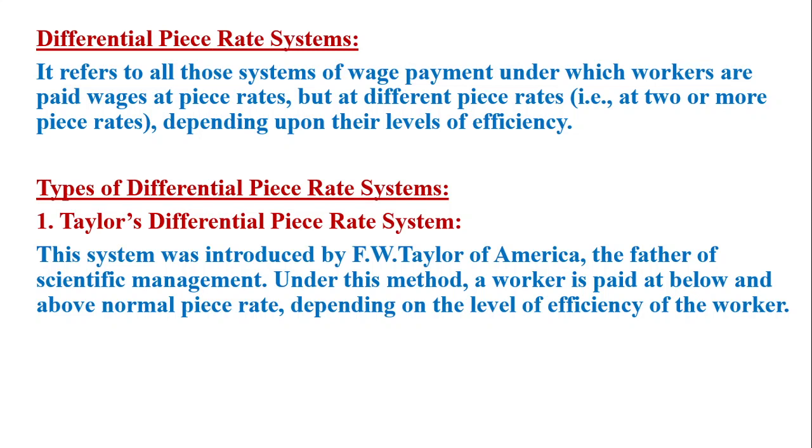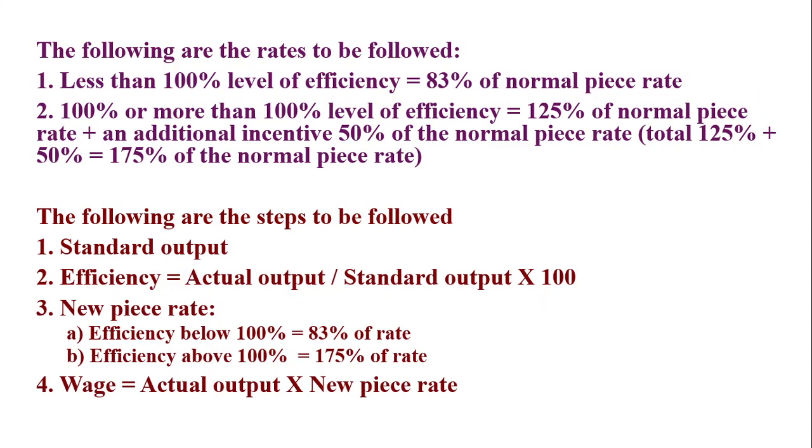How can they get below or more than the normal piece rate? It depends on the level of efficiency of a worker. Under Taylor's differential piece rate system, 2 rates are followed.